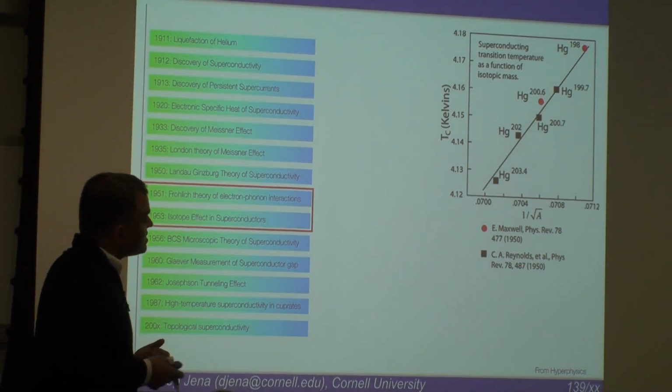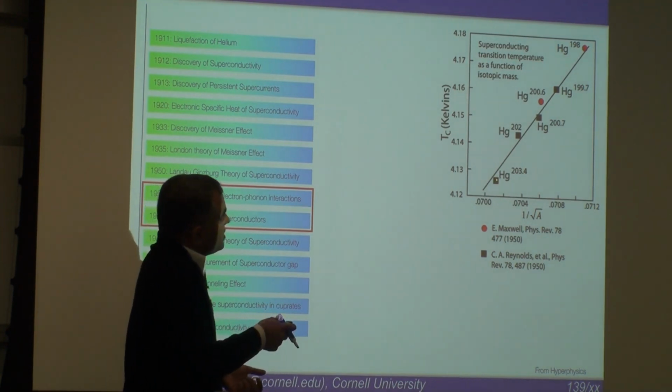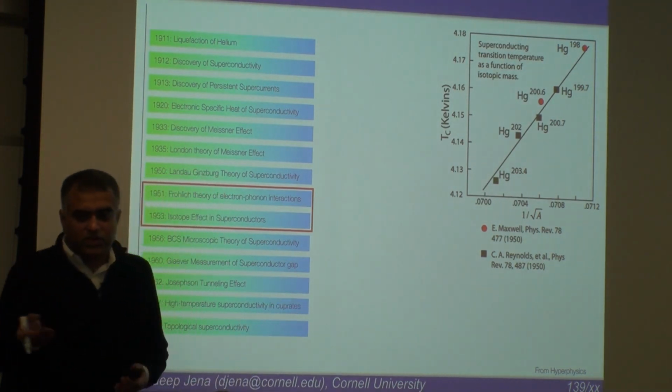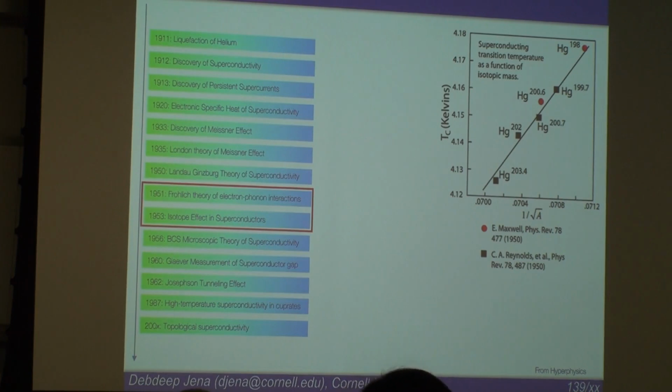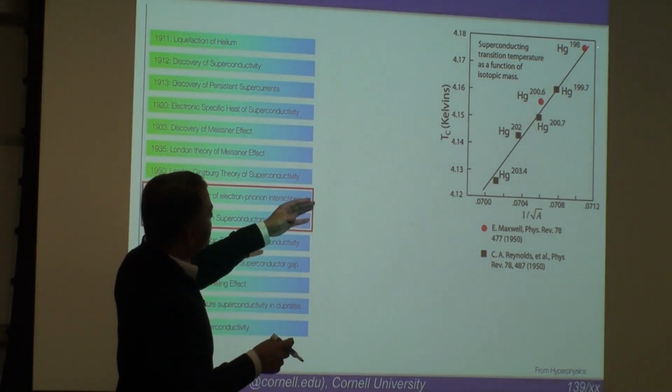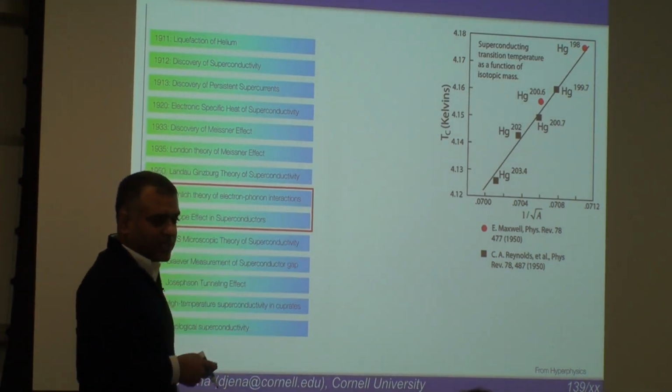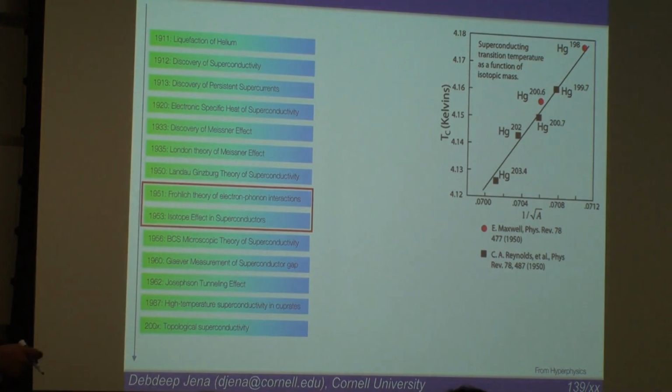What does that mean? It means that their masses are different because they have different numbers of neutrons in them. Neutrons are not participating ordinarily in electrical transport, right? But they are having a big effect on the TC of the material. Big as in, a very clear tendency that a heavier mass has a smaller TC.